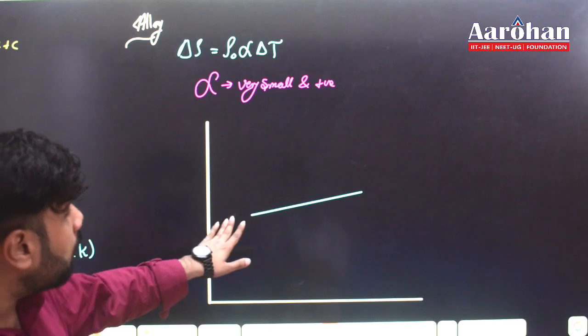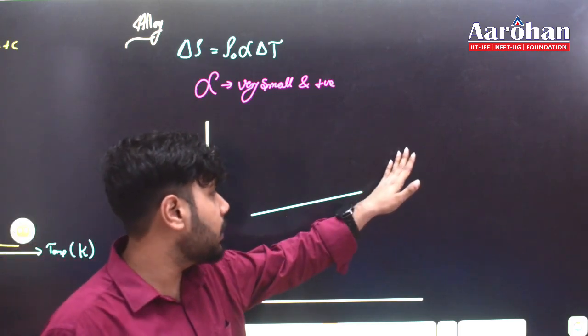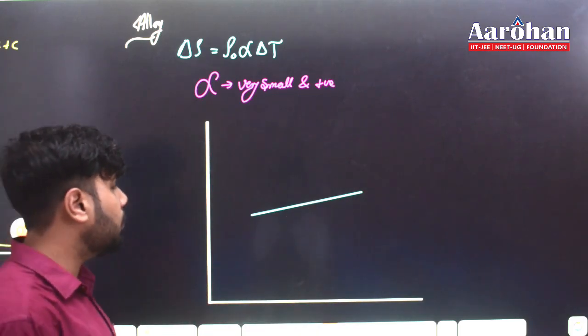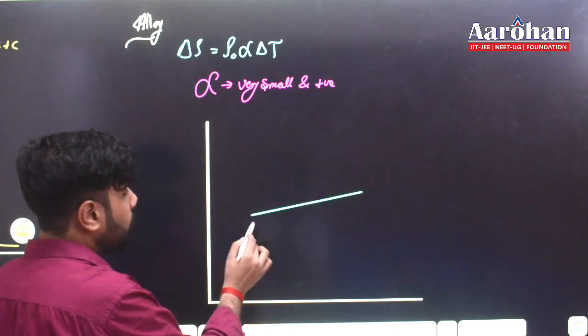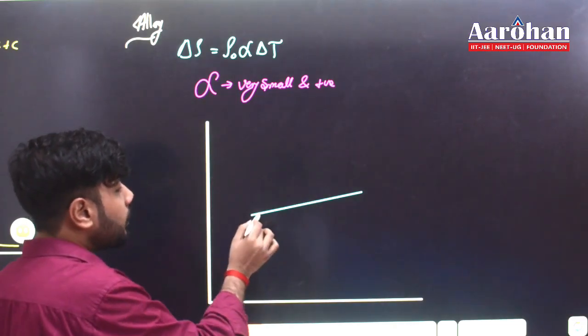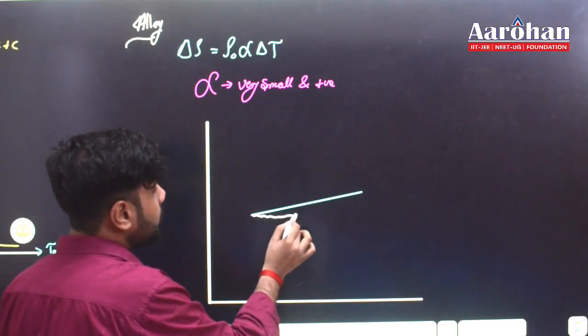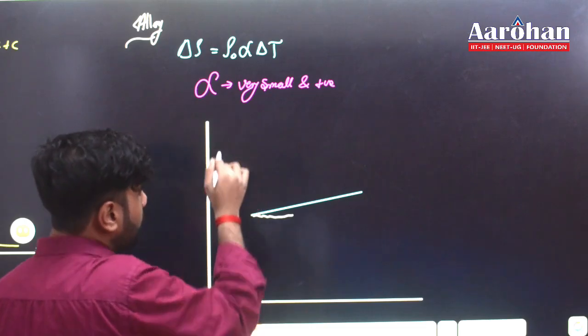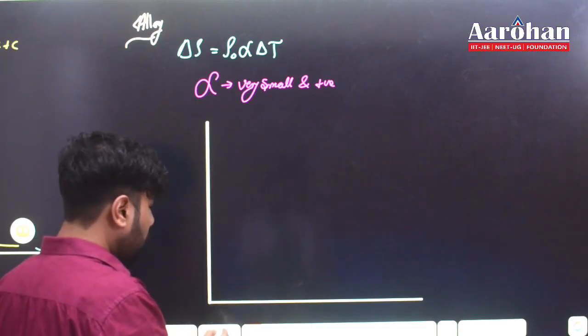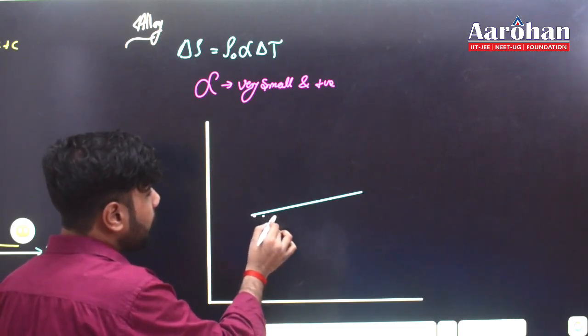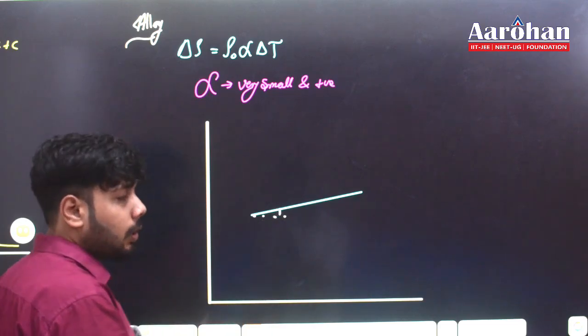Again, if I go below this temperature or above this temperature, it will have a curvy look, but in most books they draw it like this, so we are doing like this. So here you can see, even though alpha should be very, very small, it is still forming a little bit of angle from horizontal.